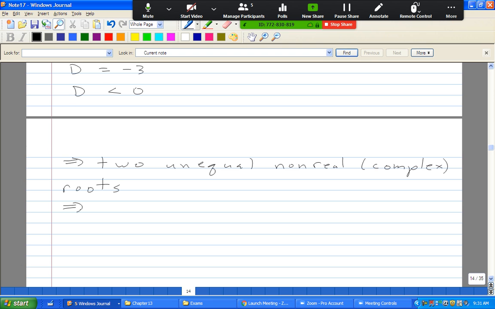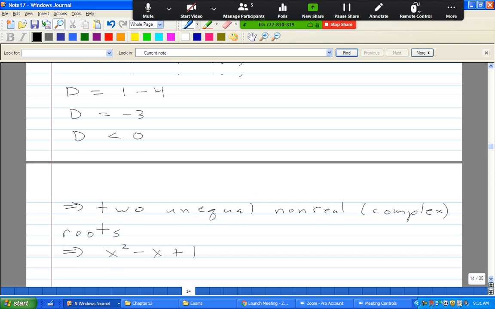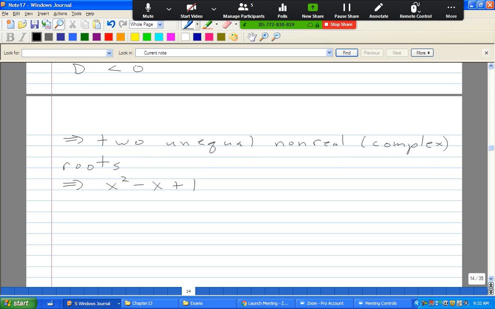And so this means that x squared plus x plus 1 is irreducible over the rationals.